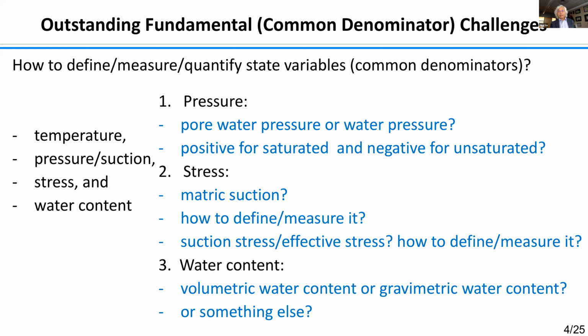Gravimetric water content, on the other hand, reflects how much water each mass of soil can hold. It reflects the ability of a soil surface interaction with water better than the volumetric. However, how do we deal with it when the soil changes the porosity, changes the larger void? Those are the questions that we have to think about fundamentally.